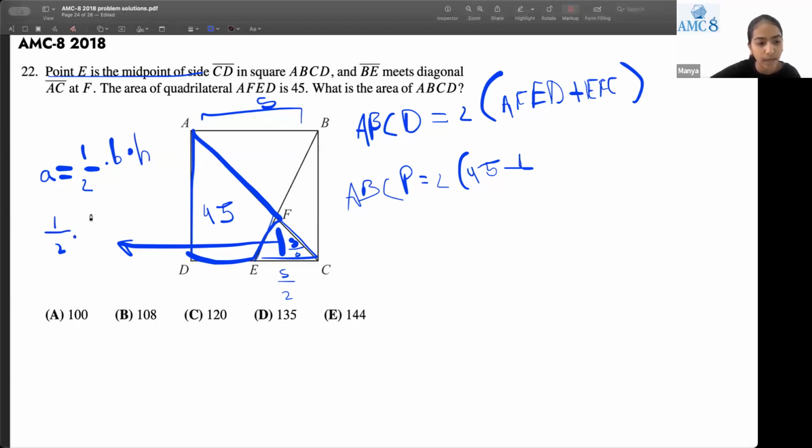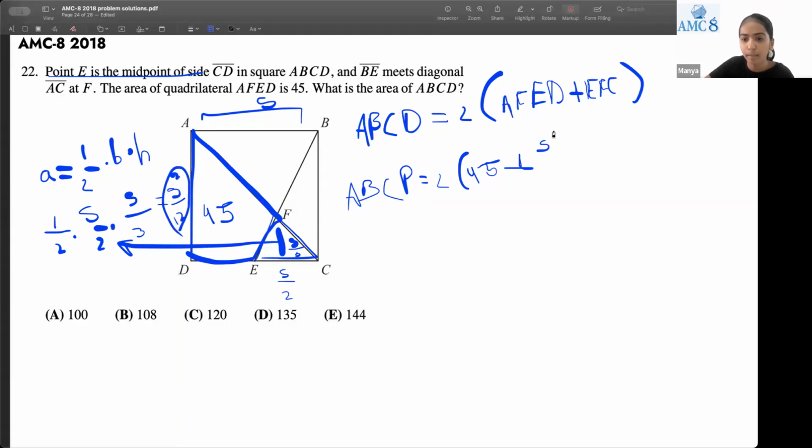Well, the base is going to be equal to S by 2. And the height will be equal to S by 3. And if we multiply the numerators and the denominators, we'll be getting S times S, which is S squared, over 2 times 2 times 3, which is going to be equal to S squared by 12. And so, we can write that here.